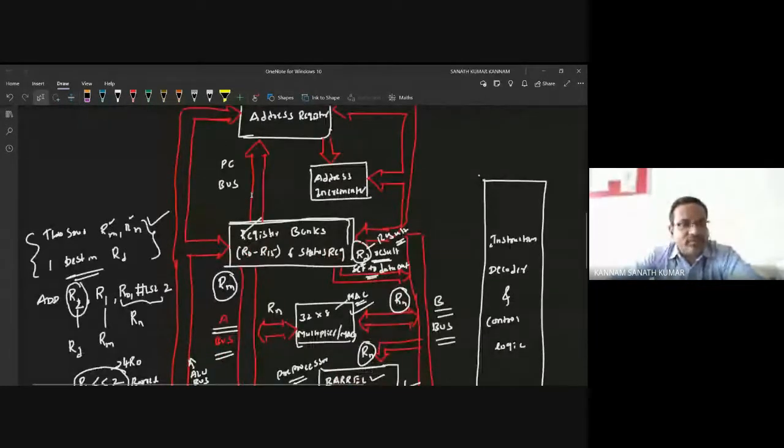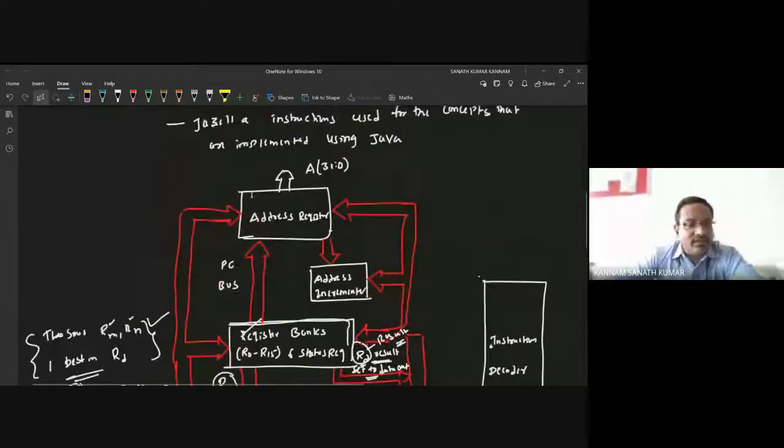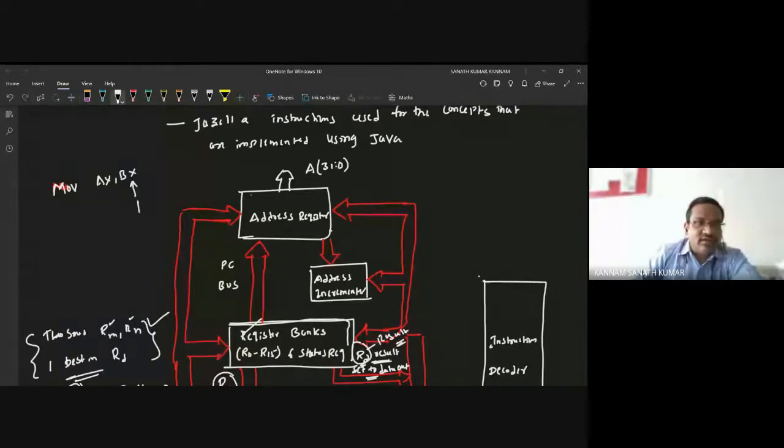You need to remember that in a microprocessor or microcontroller, you have one source register and one destination register. Like in the microprocessor, MOV AX, BX: this is the source register and this is the destination register. You are sending the content of the source register to the destination register.